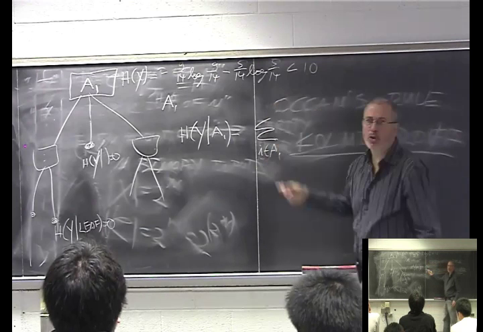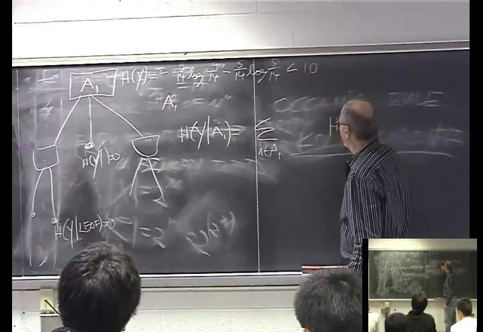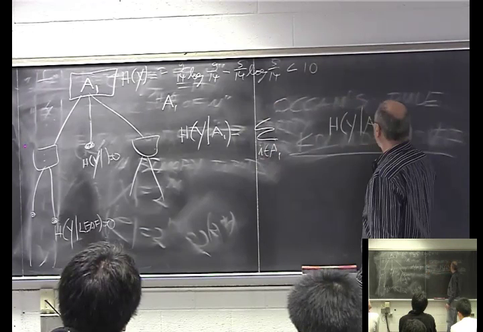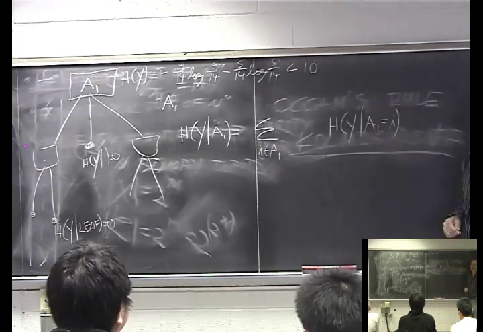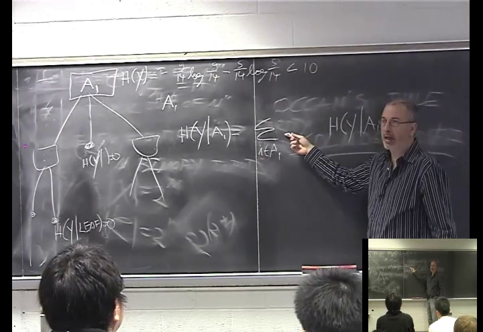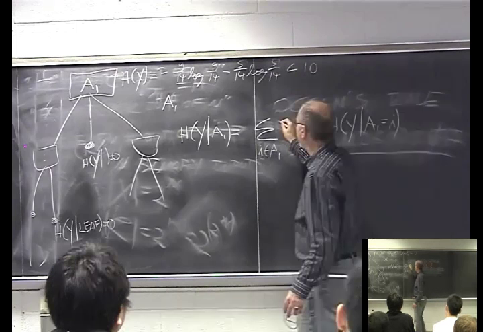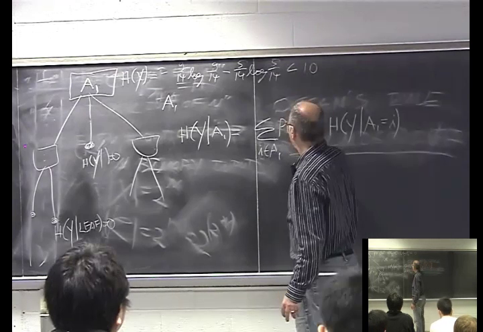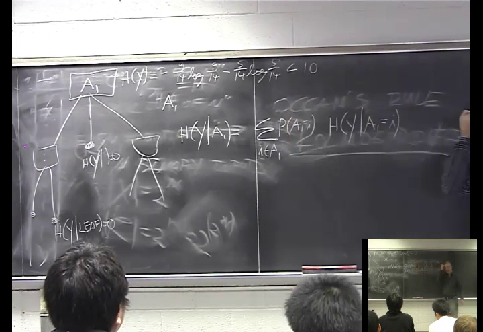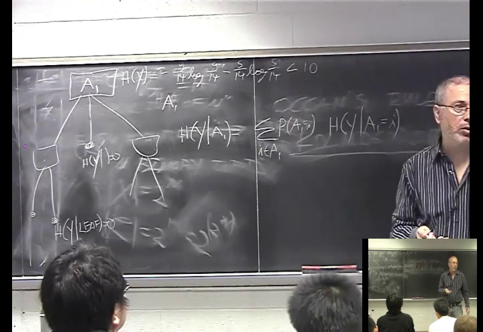So A1 typically in our case has 2 or 3 values. The amount of entropy that remains in Y, if you know that A1 is I, weighted by how likely A1 is to be I. This would be the probability of A1 equals I. This is the average conditional entropy, if you remember it from the lecture on information theory.